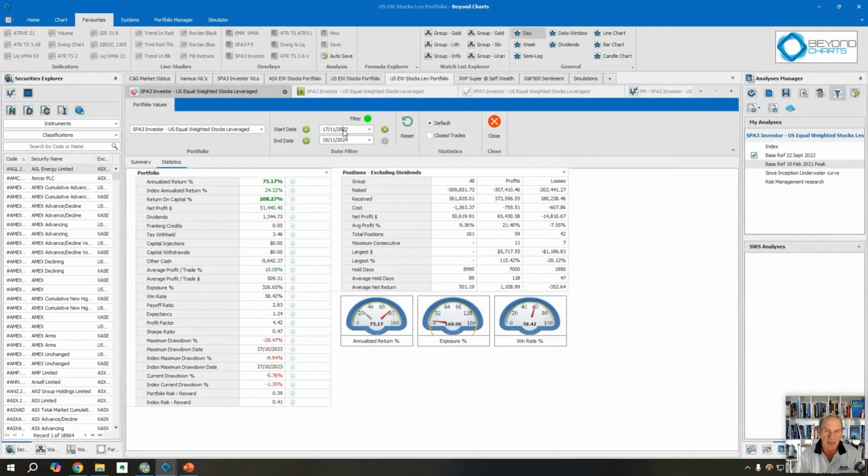So let's have a look, we're going back to over 5 years for this one. And you'll see that we have underperformed. Oh, no, sorry, over 5 years we are doing well, but we had a big drawdown in between.